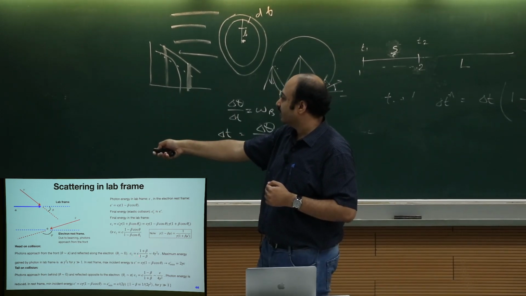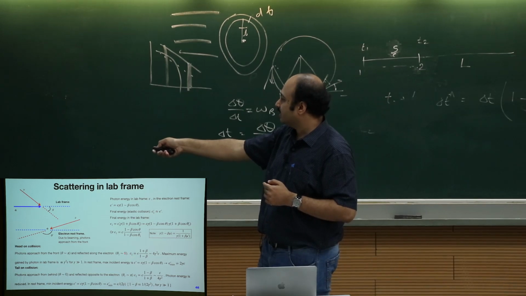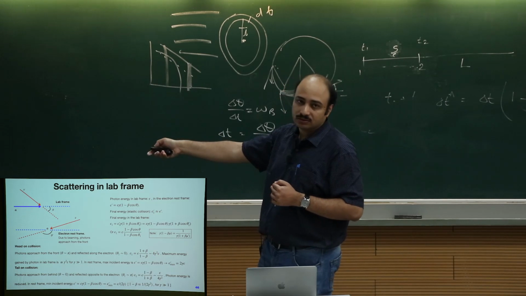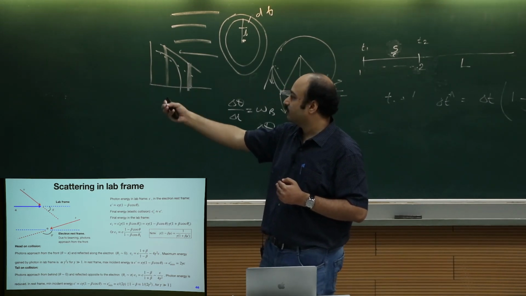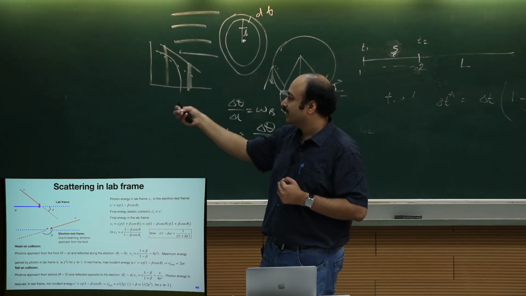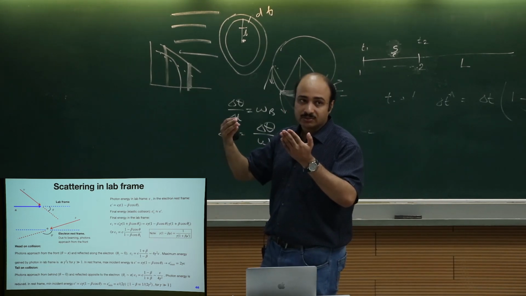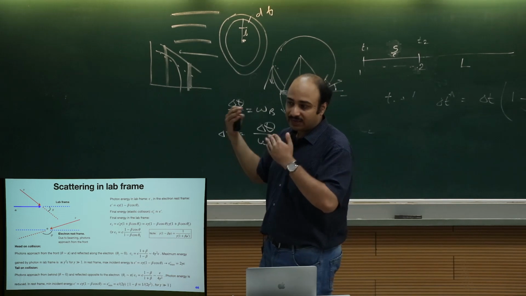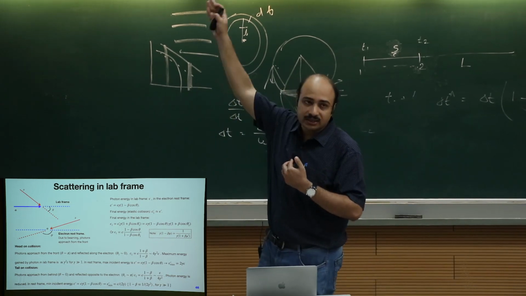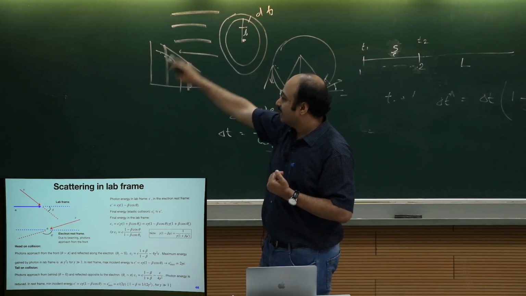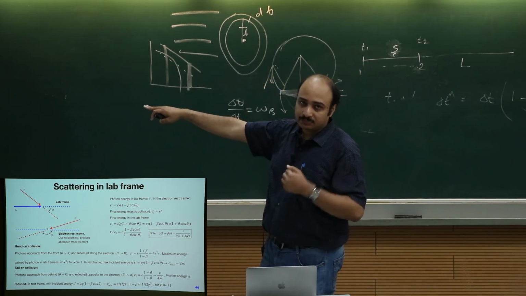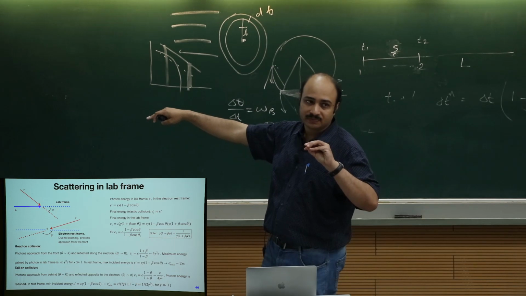Put this in, you get that the scattered energy of the photon is 4 gamma squared epsilon. Very powerful. What this shows you is if the photon has some energy, its energy can increase by gamma squared. If the gamma of the electron is high, it can have a very large increase in the value of the energy of the photon. So that gives you a maximum energy that can be tapped from the system.